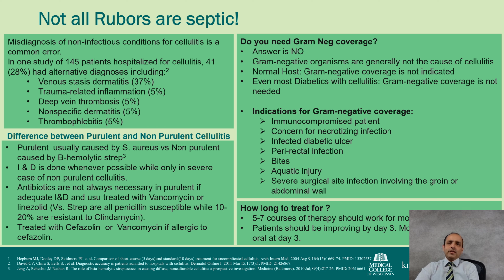So those diabetic ulcers, especially if your patient has been obsessive about washing those ulcers several times a day, those ulcers might be colonized with Pseudomonas. So remember that. Perirectal infections, bites, aquatic injury, or severe surgical site infection involving groin or abdominal wall. So these are the indications for gram-negative coverage.